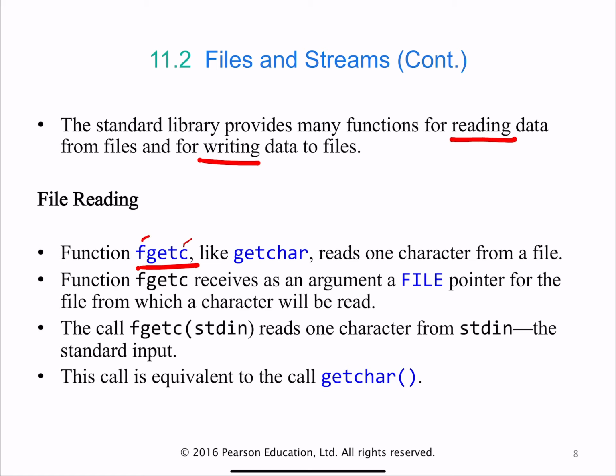That's what the F and the C stand for. And it is a lot like the getchar function that you've already used. The fgetc function reads one character at a time, but from a file. In order to function, of course, fgetc needs to know which file, which means it needs as one of its arguments a file pointer.